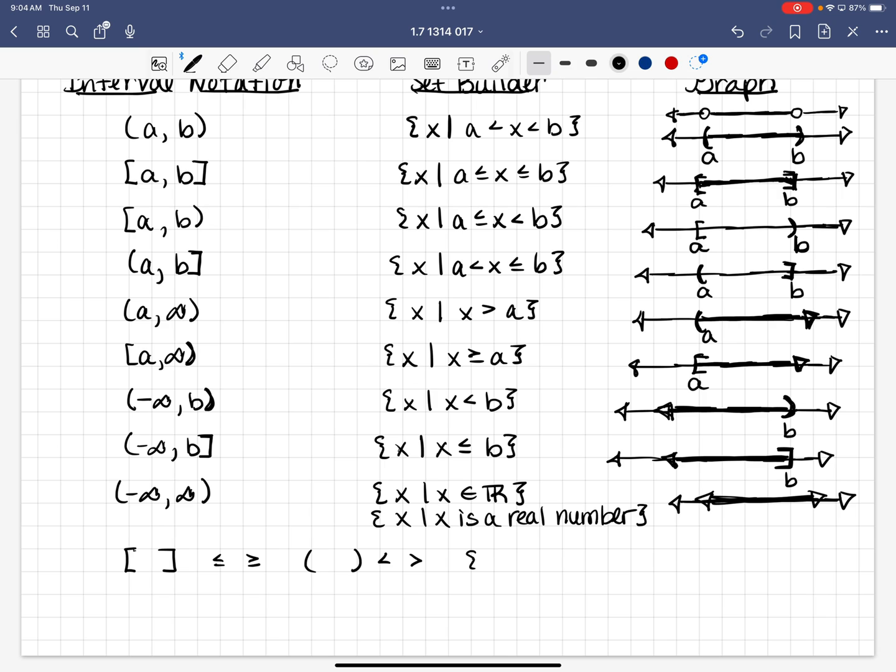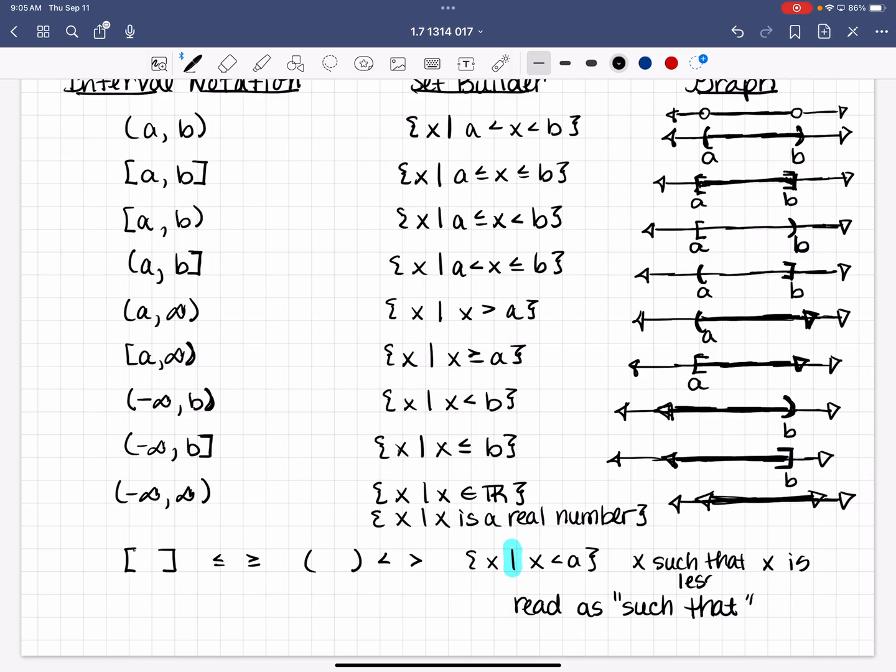It just approaches the number. And when I write something like x such that x is less than a, this line right here is read "such that." X such that x is less than a. And I'll even write all that.